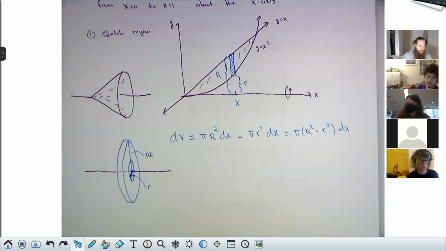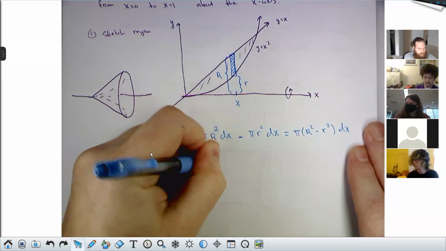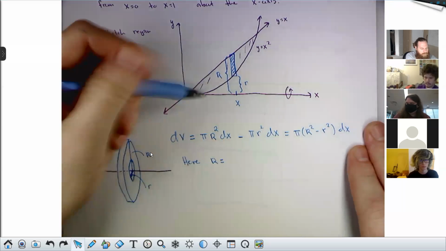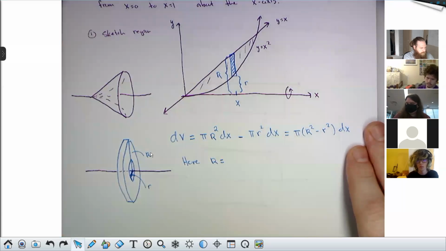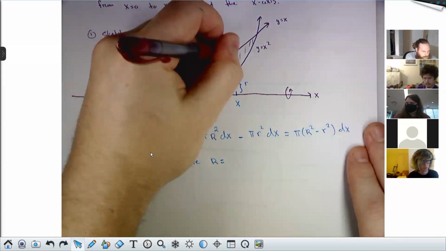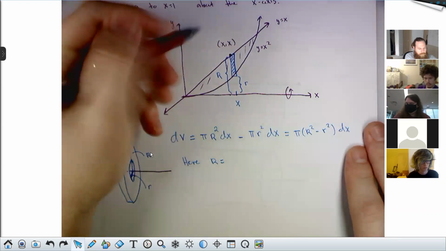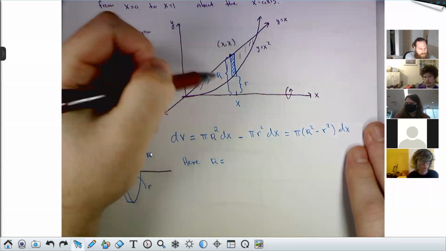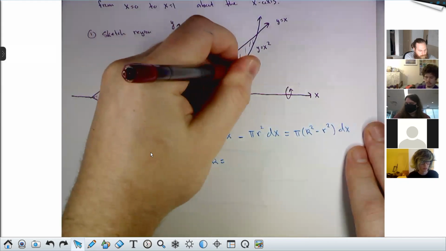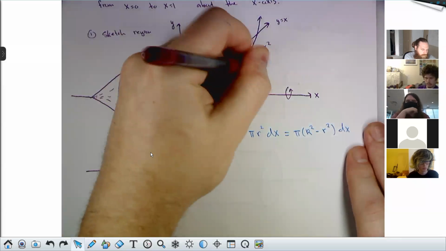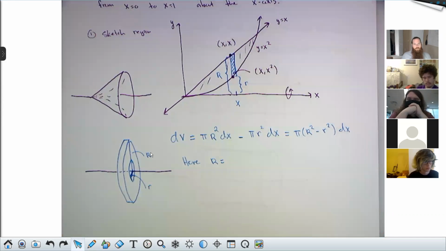And for this particular problem, big R is the distance from the x-axis all the way up to the curve y equals x. The point on the curve here is (x, x), because we're along the curve y equals x. And similarly, the point down here is (x, x squared), because we're along the curve y equals x squared.